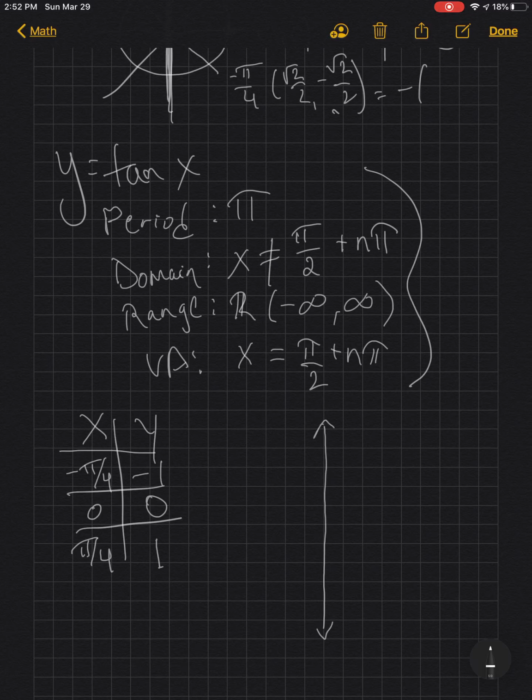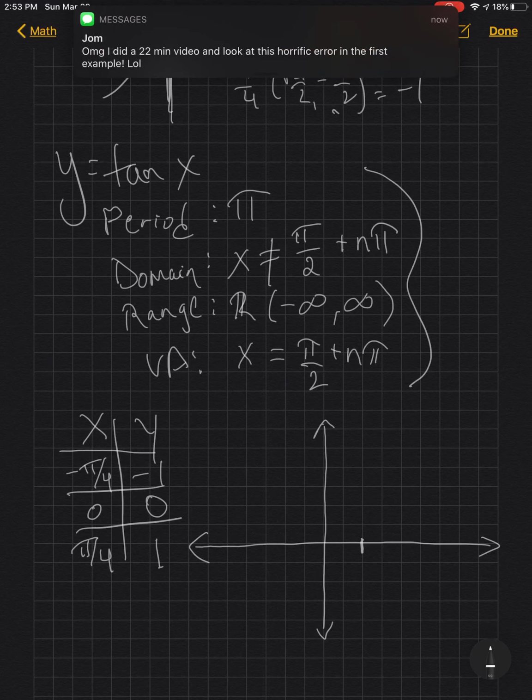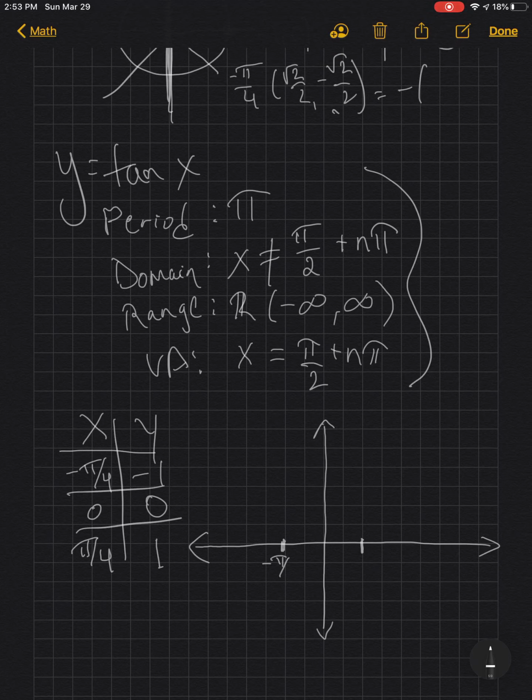Okay, now let's put this together into a graph. So let's draw it in. I'm going to space it out by here. Let's talk about the first period of 1 pi. So 1 pi from here to here. So let's say here negative pi over 4 and pi over 4.